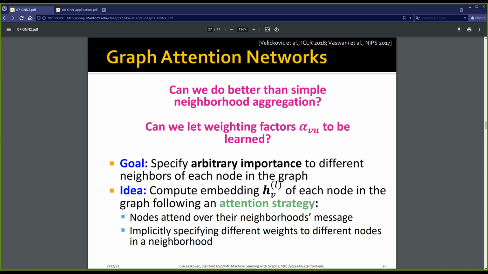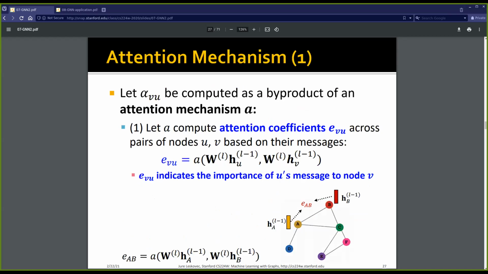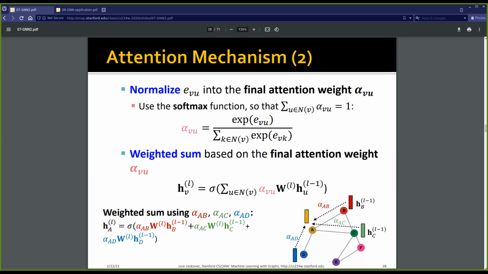And how can we do that? We take the representation of a node U, we take the representation of a node V, then we can also transform them, and then we pass them to an attention function, which computes attention scores. Then these attention scores, we renormalize them, for example, using softmax, so that they sum up to 1.